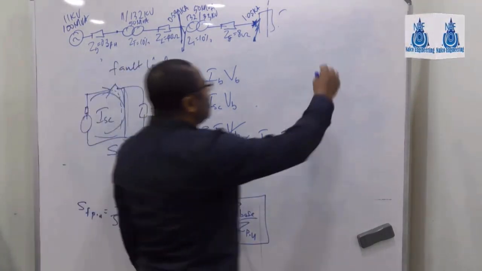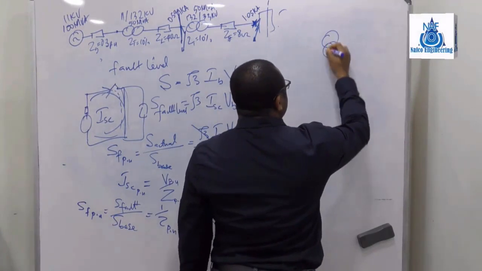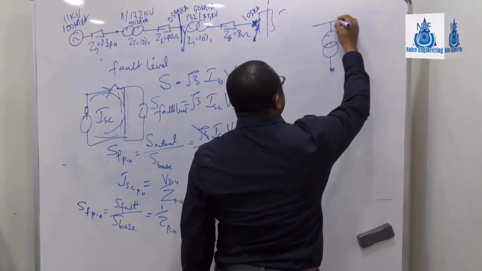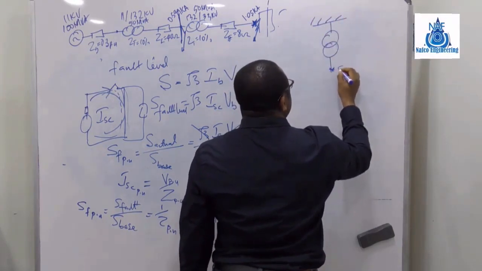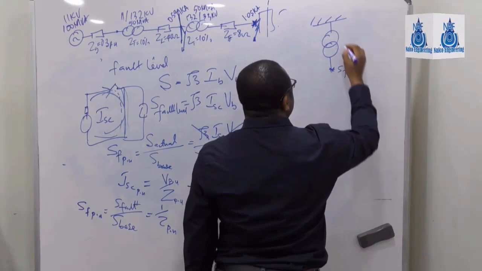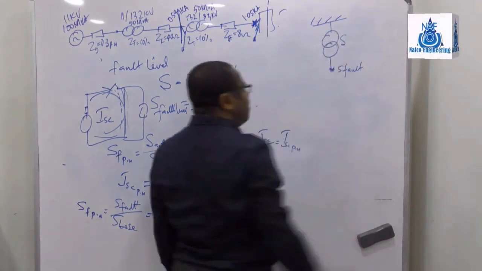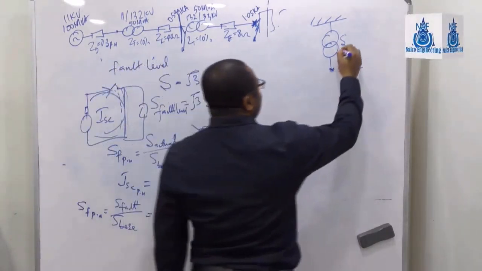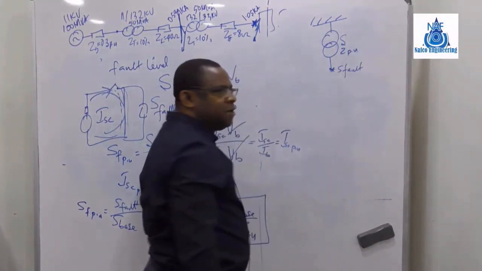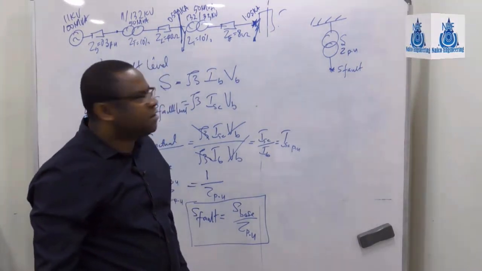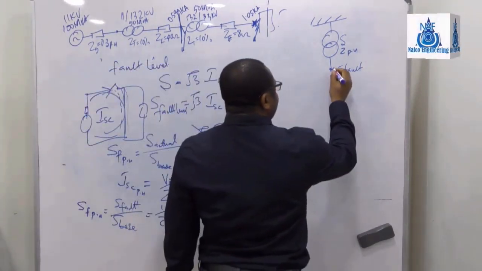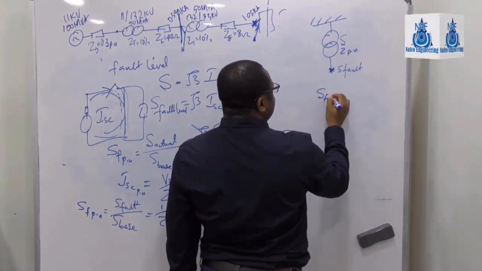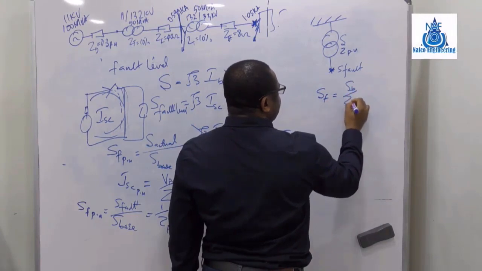So that if I have a transformer like that, and I want to know what will be the fault level here, let's assume that this is an infinite bus bar, and we're asked to calculate S fault here. If I know the nameplate rating of that transformer, and I know the impedance of the transformer in per unit, I'll just say S fault is S base over Z per unit.